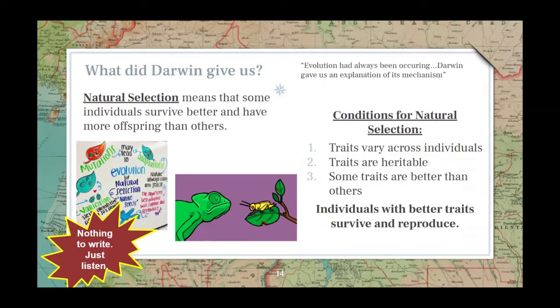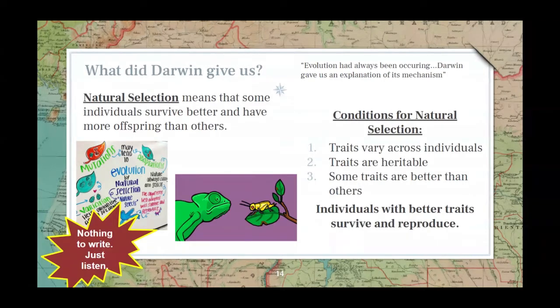Individuals don't need to be exactly the same. These traits are heritable. They can be passed along through reproduction. Some traits are better than others, where you're going to have, again, some favoring for one trait over another due to maybe abiotic or even biotic means. Individuals with better traits survive longer and are able to reproduce more times.